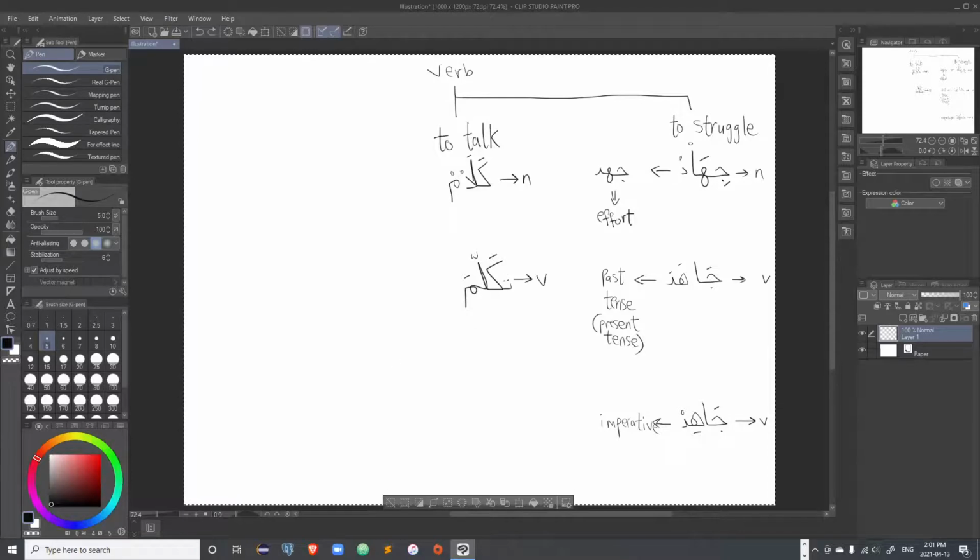Actually, let me add this in red. I honestly do not know the differences between what if the prefix with a ta was added or without the ta. I would say for emphasis. Actually, this needs a haraka in addition to the shadda. تكلم.